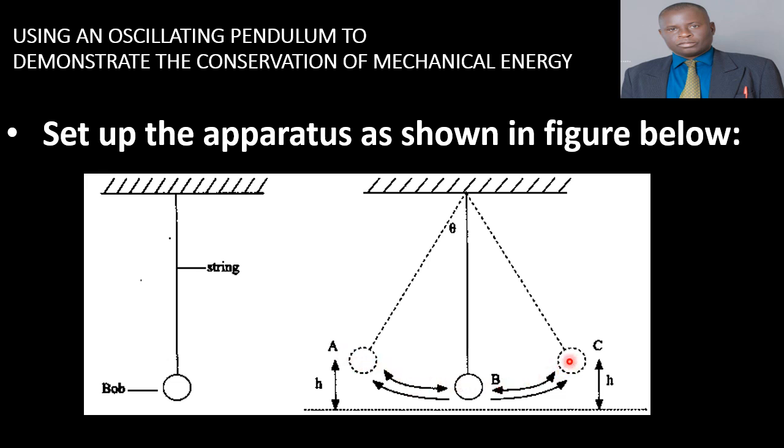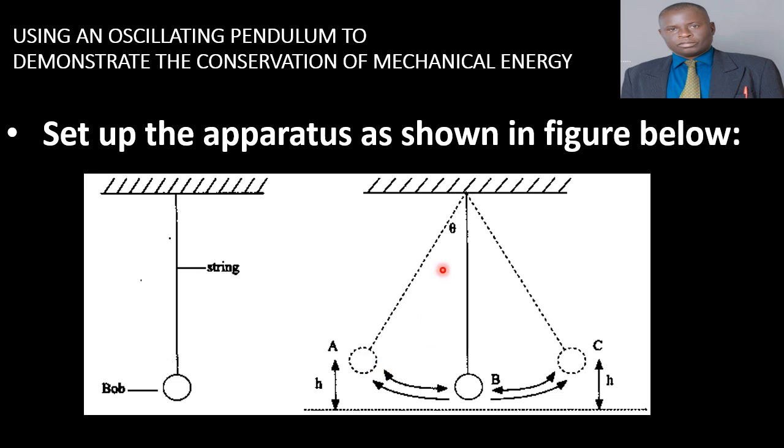The energy which the body possesses at one point becomes a different energy that it possesses at another point, so that the mechanical energy is simply changing and none of it is being lost.